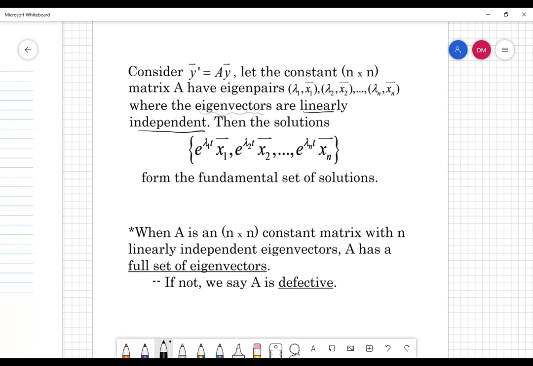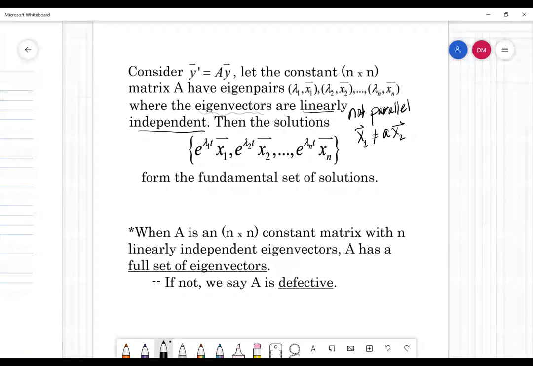Linearly independent is a linear algebra term that we use when we talk about matrices. Basically, linearly independent means not parallel. Usually we talk about parallel when we're talking about lines. That is true. What it means when we are talking here about vectors and specifically our eigenvectors is that we don't get some x sub 1 that is just some scalar multiple of another eigenvector x sub 2.